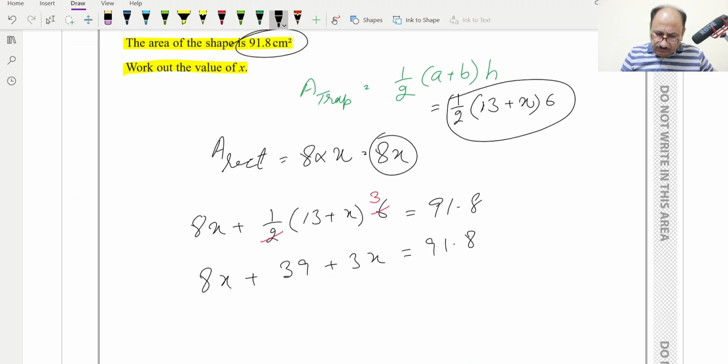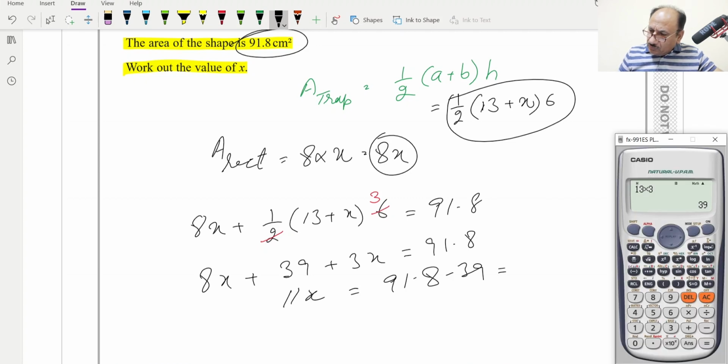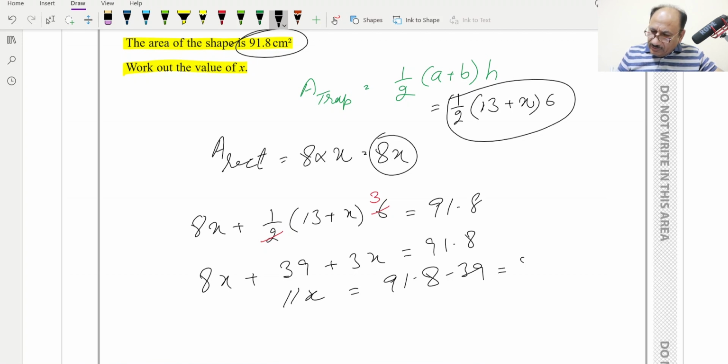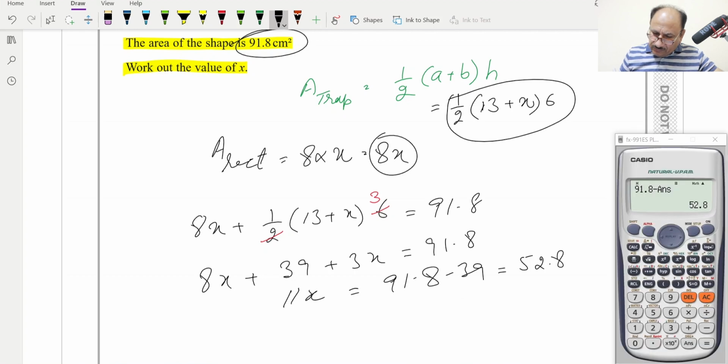Now we can combine this. 8x plus 3x will be 11x, so 11x, and 39 we can shift to the other side, is equal to 91.8 minus 39, and this will be equal to 52.8.